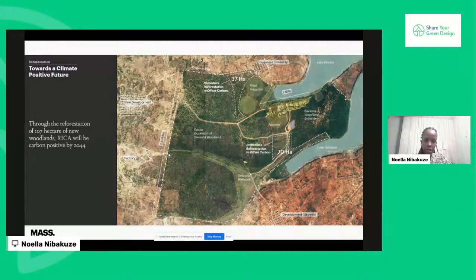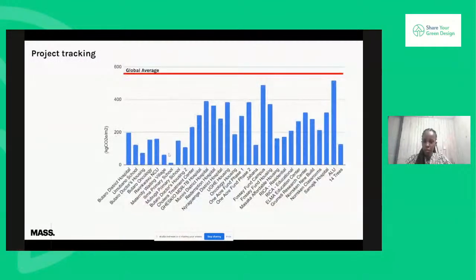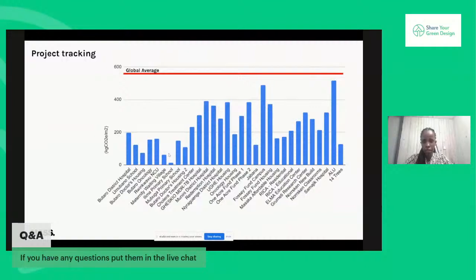It was not enough just to reduce, but also to bring in more oxygen, if I can say that. This is our buildings compared to the global average, and we're sharing this so that not only can we do this for our future projects, but other people can do it as well.